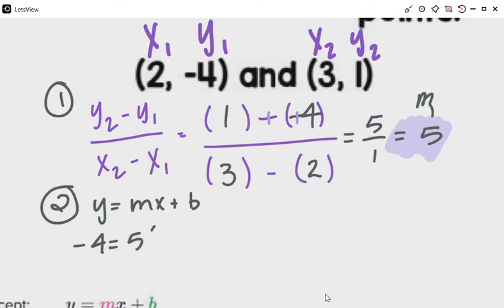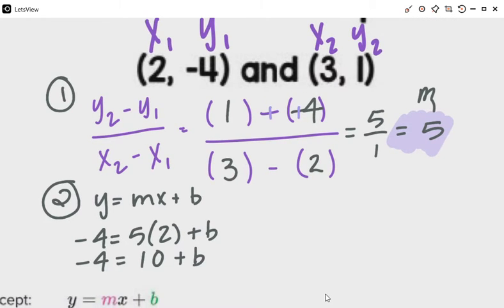Our slope is 5, and that x value was 2. So we have 5 times 2 is 10 plus b. Got to get b by itself, so subtract 10 from both sides. -4 minus 10 is going to give us -14. So we have our m and our b.